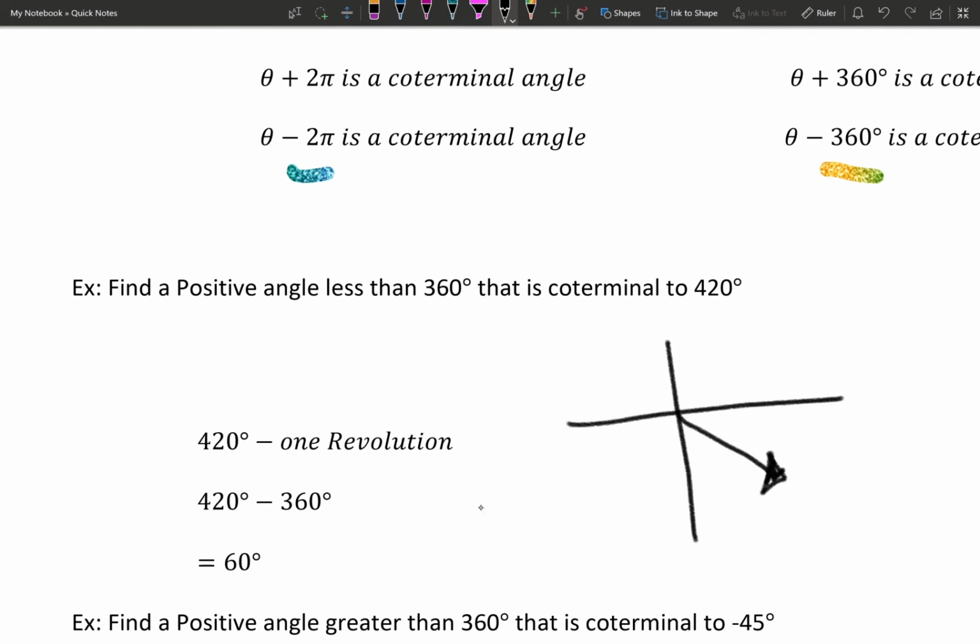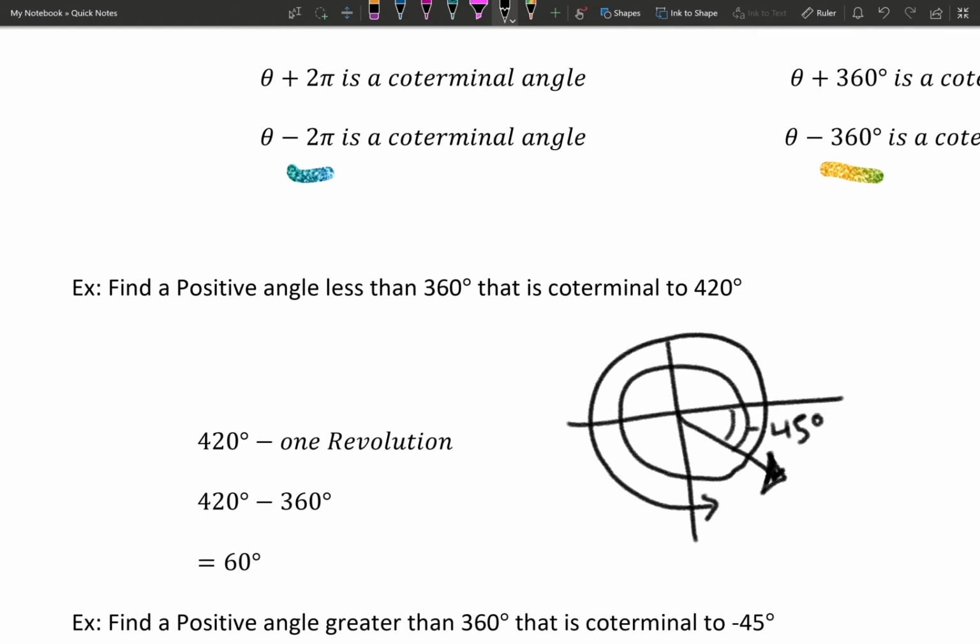I start at minus 45 degrees, and what I want to do is get to some angle measure that's greater than 360 degrees. So I have to rotate counterclockwise enough times so that my angle measure is greater than 360 degrees.